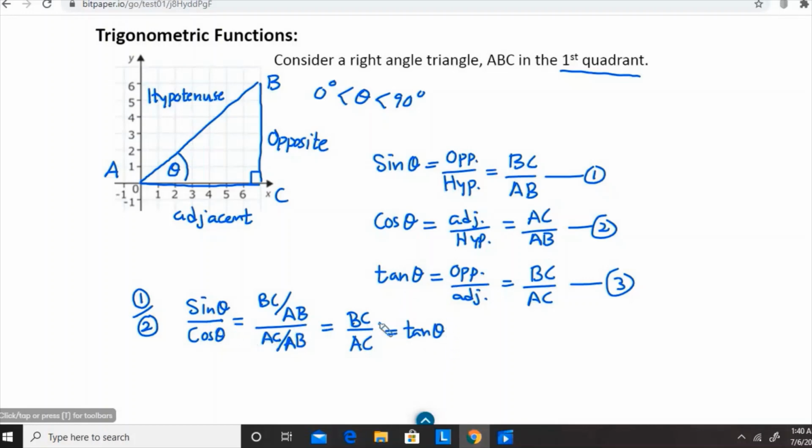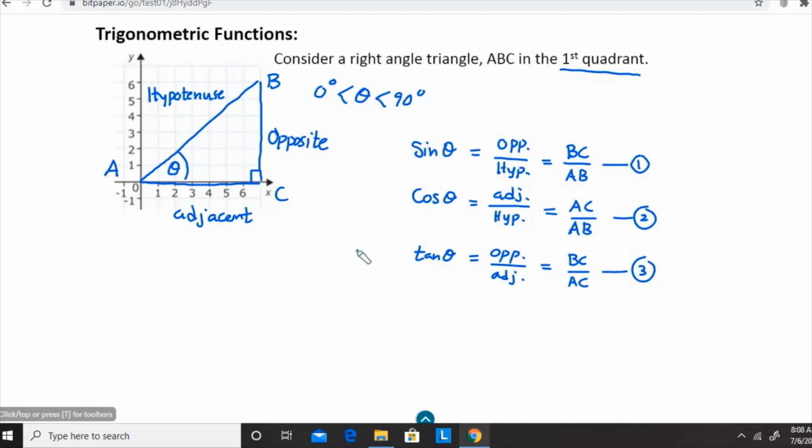So then we get something called a trigonometric identity. That means tangent theta can be written as sine theta over cosine theta. So this is a very important trigonometric identity. You should keep this in mind.